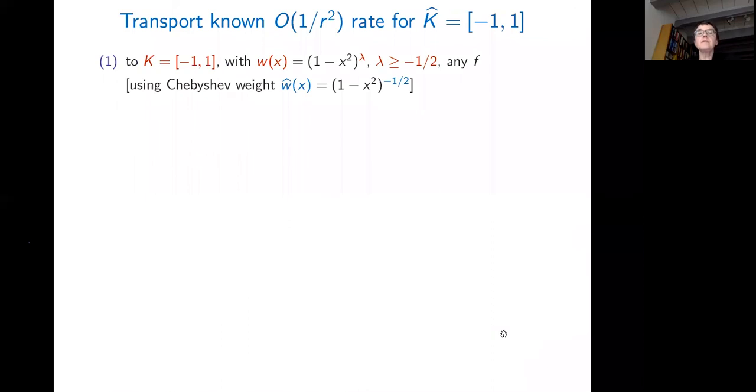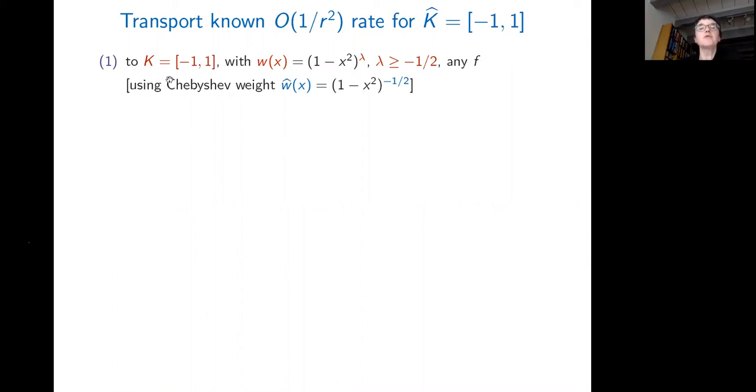Okay, so now let me very briefly mention how we can use this to transport the known convergence rate we know for the interval to some new sets and new measures, some more sets and some more measures.